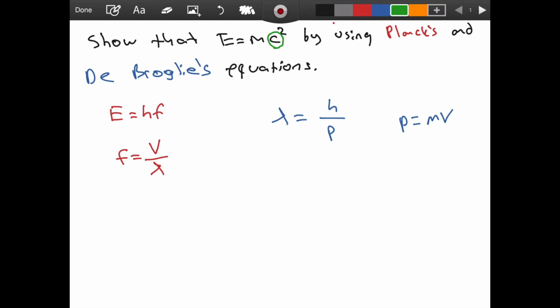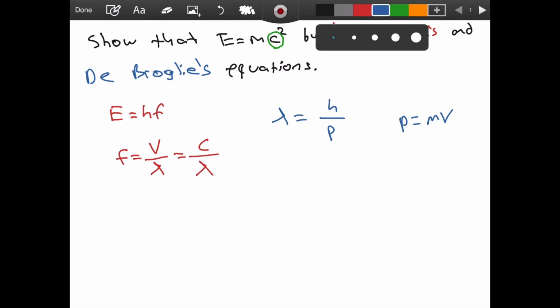So we will write that instead of speed in general, we be more specific and we write c, the speed of light. And again, for momentum as well, we write mc. Okay? So what can we do now?